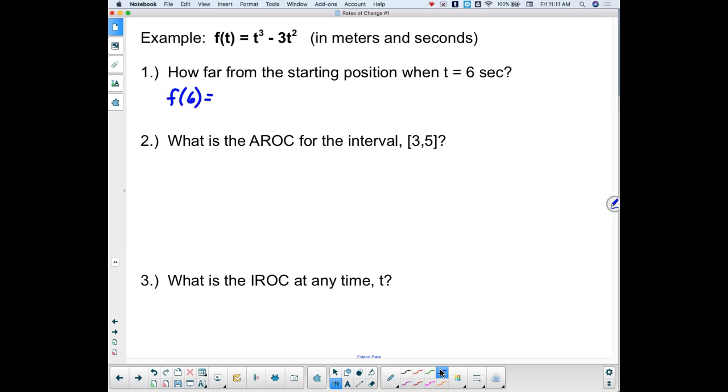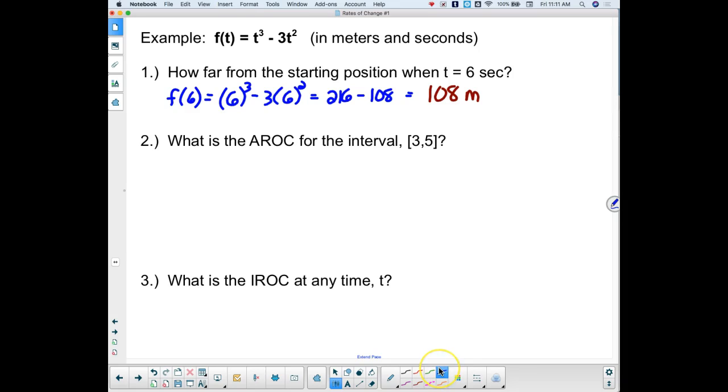So for the first one, we're looking for f of 6, which is going to be 6 cubed minus 3 times 6 squared, which is 216 minus 108. So it's 108 meters away, 6 seconds later.